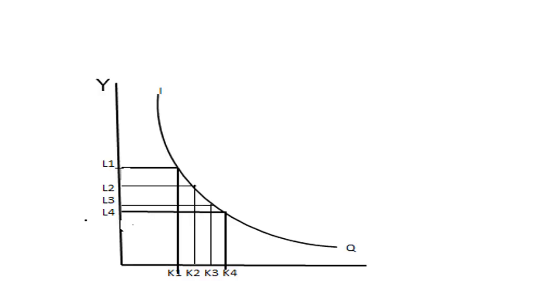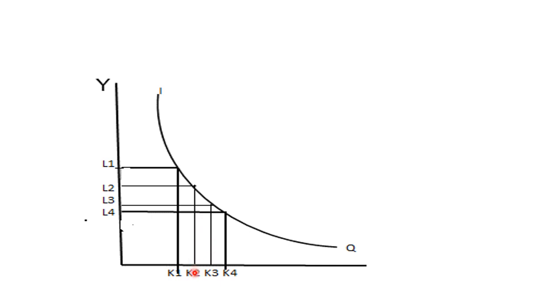So here IQ is the isoquant. It shows all possible combinations of two factors, labor and capital, by which the producer remains at the same level of output. So we have 4 combinations A, B, C and D. For combination A, L1 units of labor and K1 units of capital.